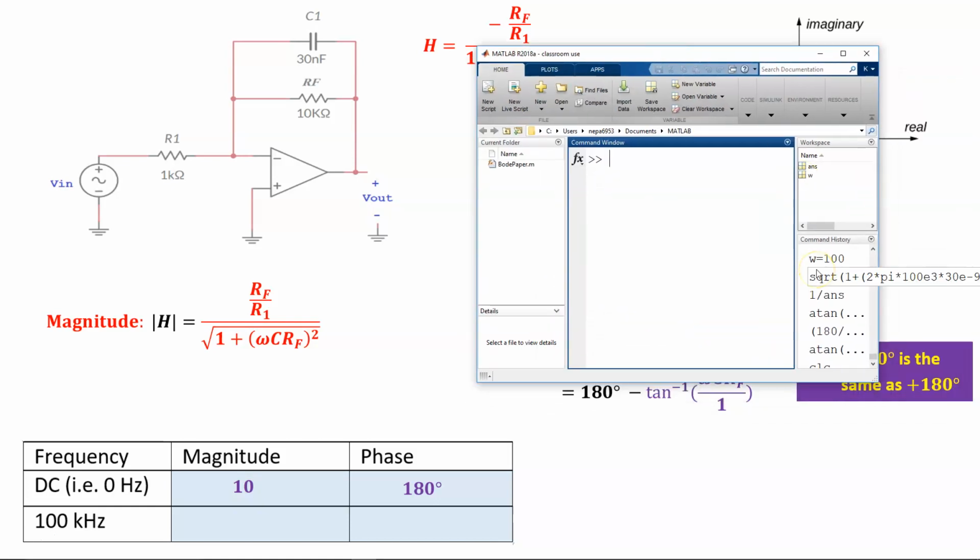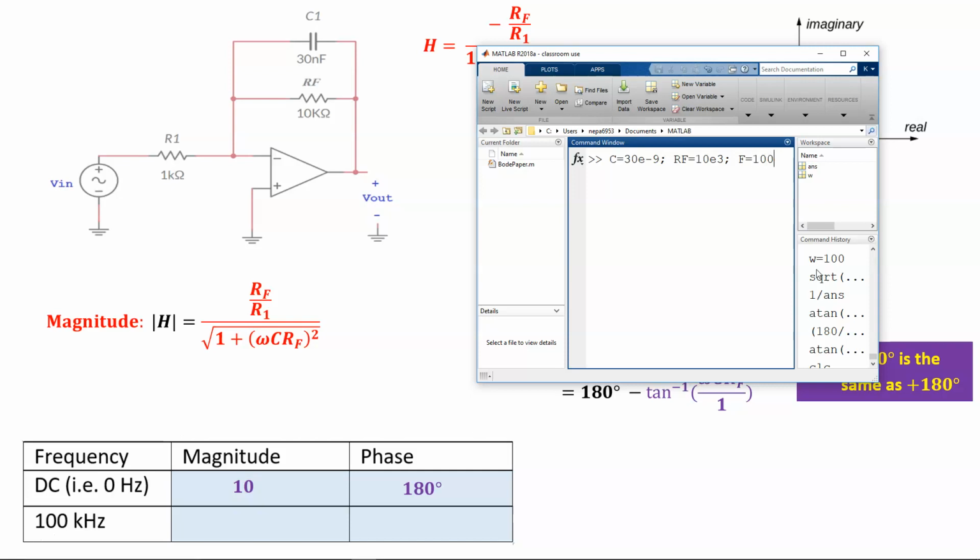So I have MATLAB here. I have C as 30 nanofarads, so 30 e to the power minus 9. My RF is given as 10 kilo ohms, so I'm going to do that. And my frequency is given as 100 kilohertz, right?